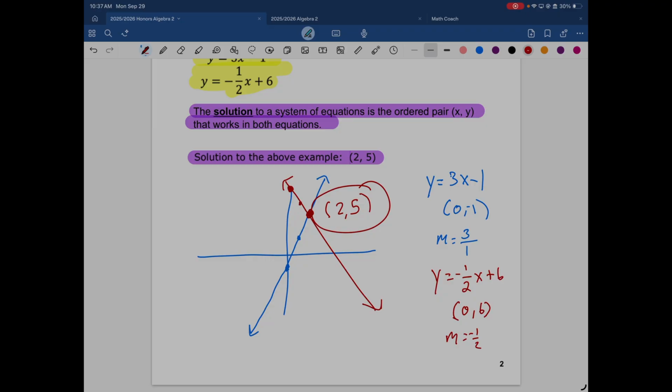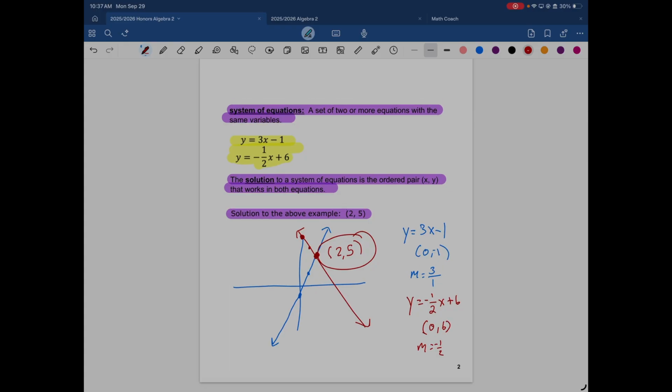But ultimately what we're looking for when we're solving the system of equations is this point right here. That's the point that they have in common. So if I plug this point in, 2.5, my y value is 5. That's going to be 3 times 2 minus 1. 5 is equal to 6 minus 1.